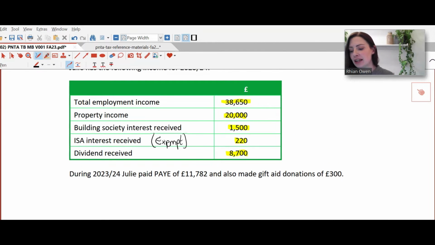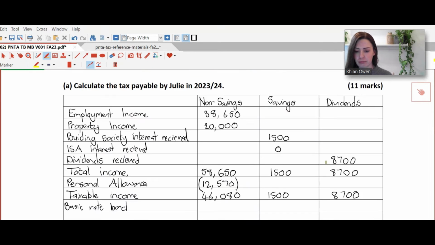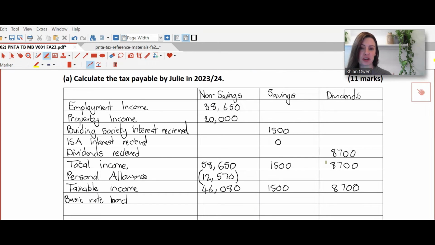So within the task, we're told that they made a gift aid donation of £300. Because of the gift aid, we need to extend the basic rate band. And remember that we would always extend it by the gross amount of the donation. So we need to gross up that £300.